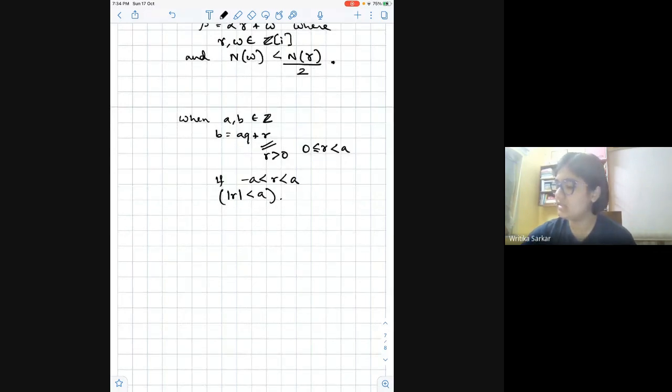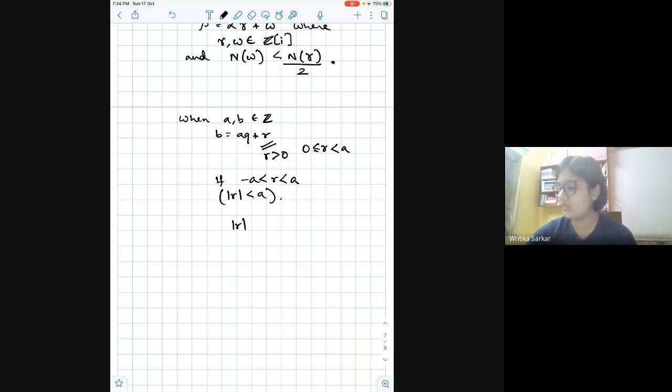Then on the number line, if you chose r such that it could be either positive or negative, you choose the one that's closer to a multiple of a.